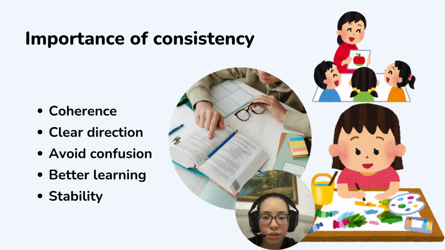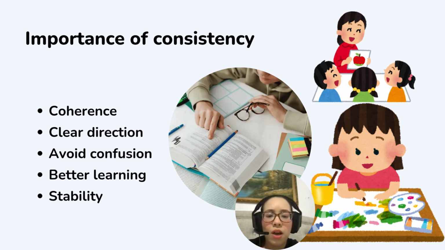The importance of consistency. The text emphasized that it is very important to apply principles consistently throughout the course. This is because consistency helps to create coherence, meaning that everything is connected and follows the same direction. If principles are not applied consistently, the course may become confusing or disorganized for students.